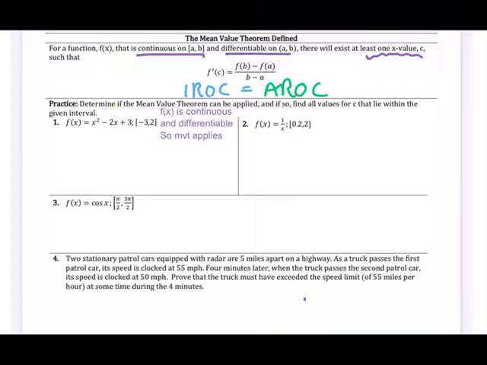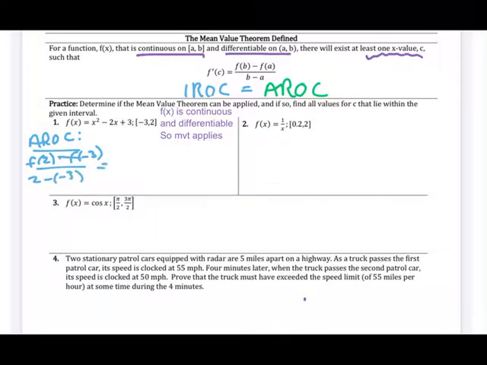Okay, so now I need to do 2 things. MVT says that at some value for c, the instantaneous rate of change and the average rate of change are the same. So let's start by finding those 2 things. The average rate of change is going to be the slope. So f of 2 minus f of negative 3 all over 2 minus negative 3.